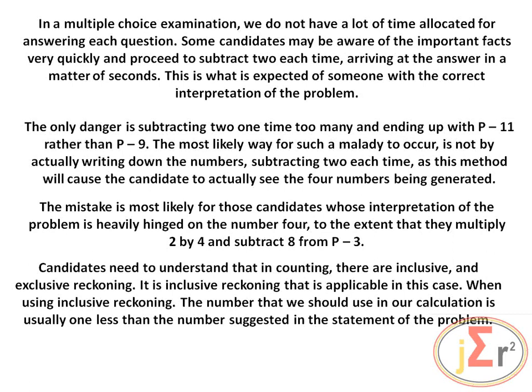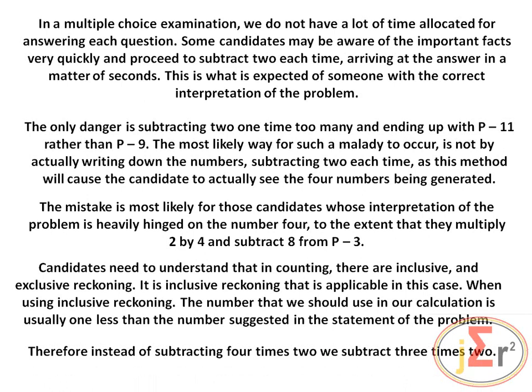Right. So because it is inclusive reckoning, the number that we are going to use should be 1 less than the number that is suggested in the statement of the problem. So instead of using 4, we use 3.